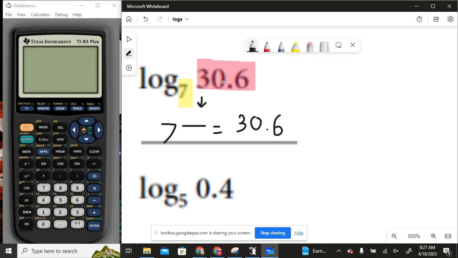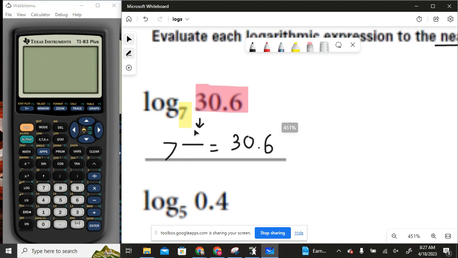The way that the formula worked on the front, to find our exponent here, we take the log of both sides of this, and we're going to divide them. So on top of our division, we have the log of our answer, which is 30.6, divided by the log of our base, which is 7.